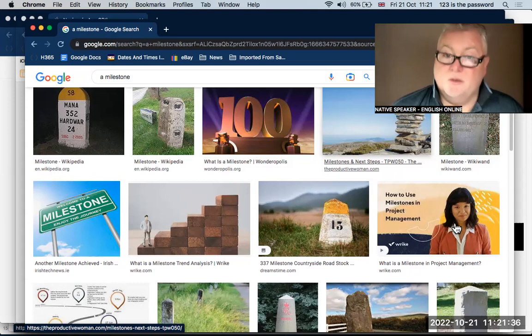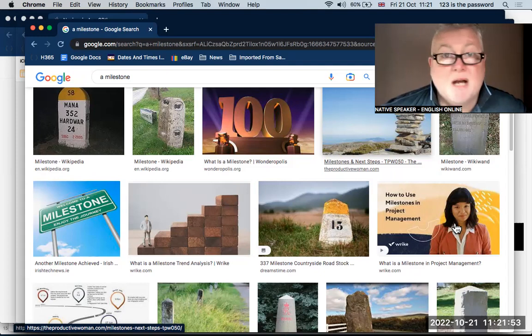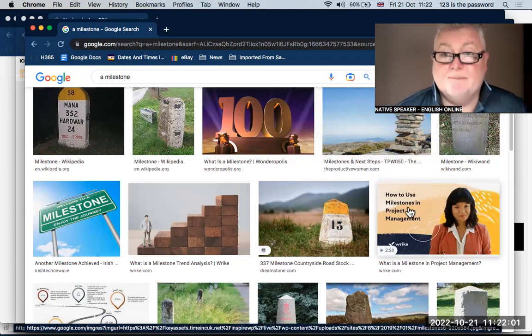A milestone in a woman's life is when she has a baby. A milestone in a woman's life is when her children complete college. A milestone in a family's life is when they get married. So important moments in your life are called milestones.